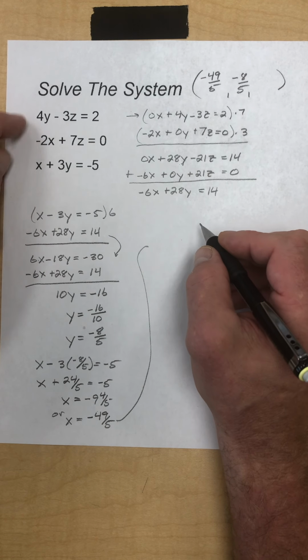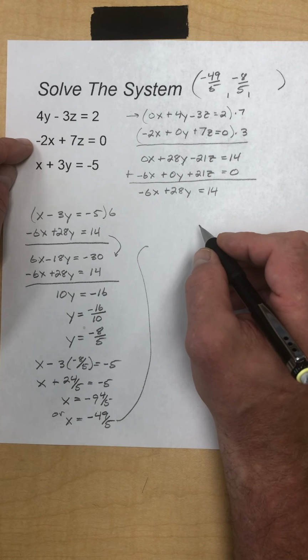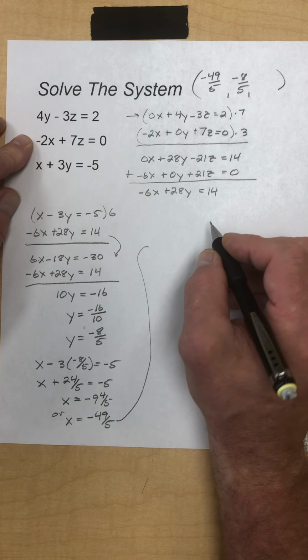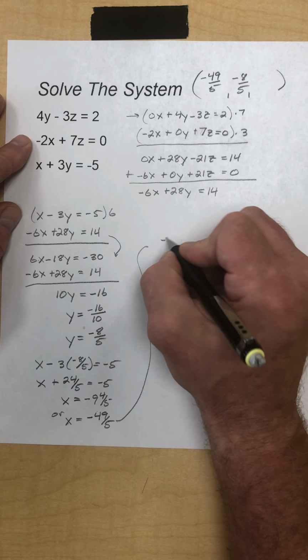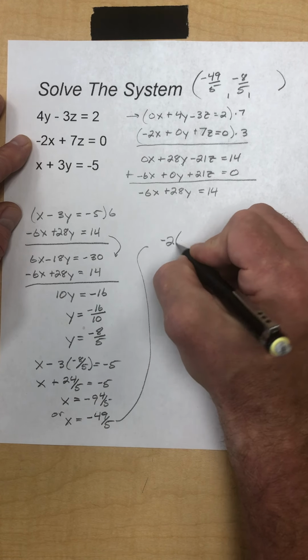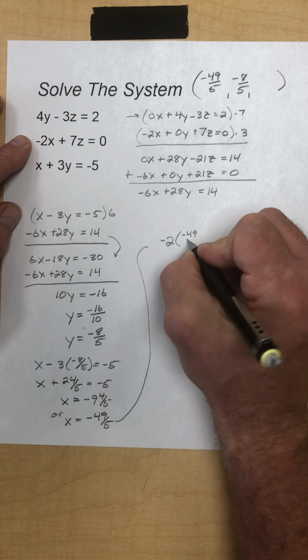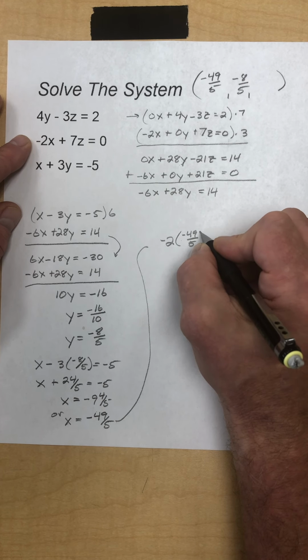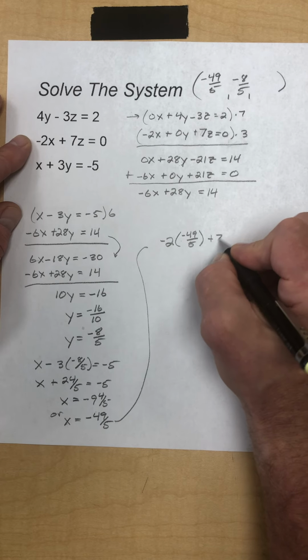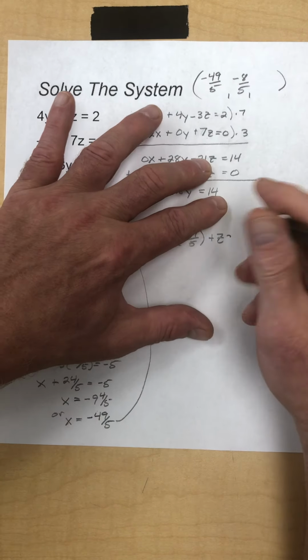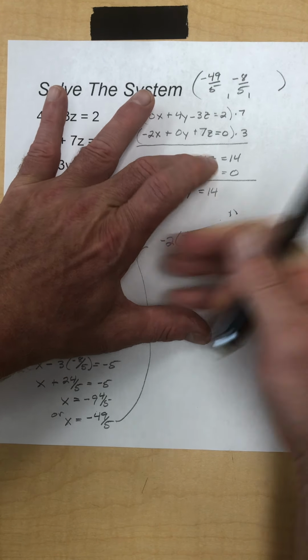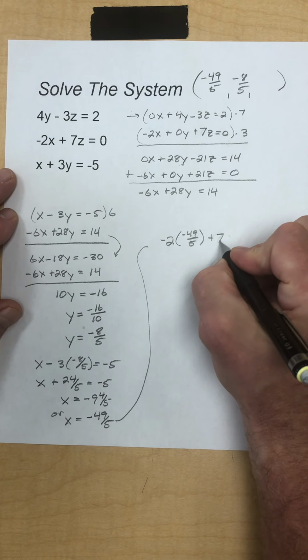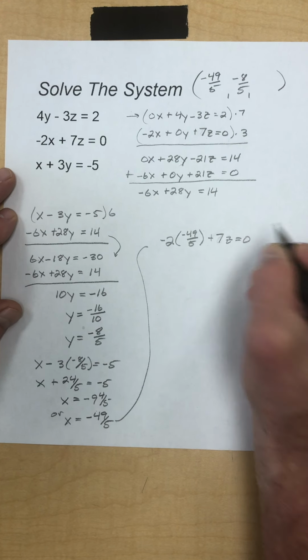Okay, so I got to go to either the top one or the second one down to get z. I'm going to use the second one down. Okay, so I get a negative 2 times x, which is negative 49/5. Okay, plus 7z, not z. 7z equals 0.